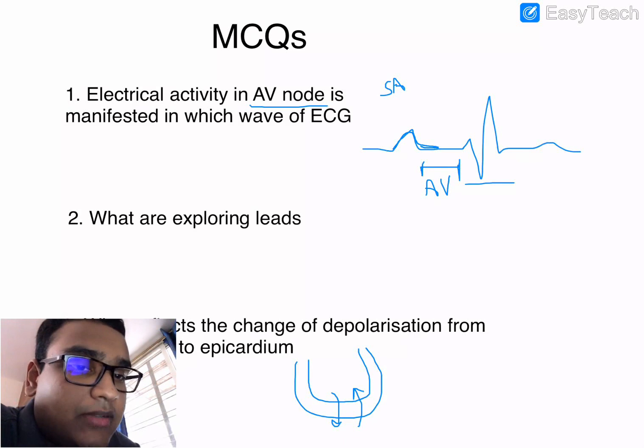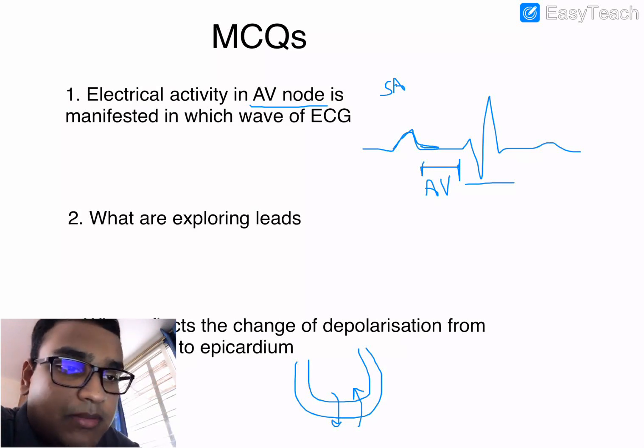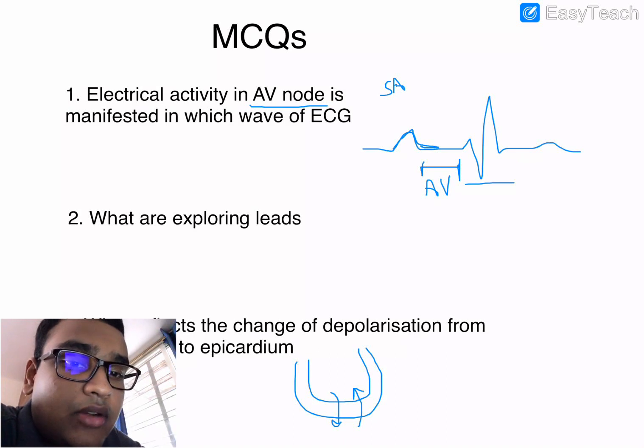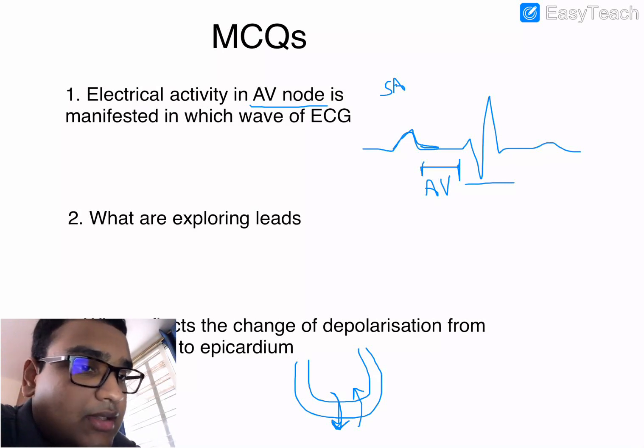Normally, when there is electrical generation from the bundle of His going towards the Purkinje fibers, there is transmission from endocardium to epicardium, and when it reaches the epicardium, the electrical activity gets dispersed to other cardiac areas. The time taken for the depolarization from endocardium to epicardium is known as intrinsicoid deflection.